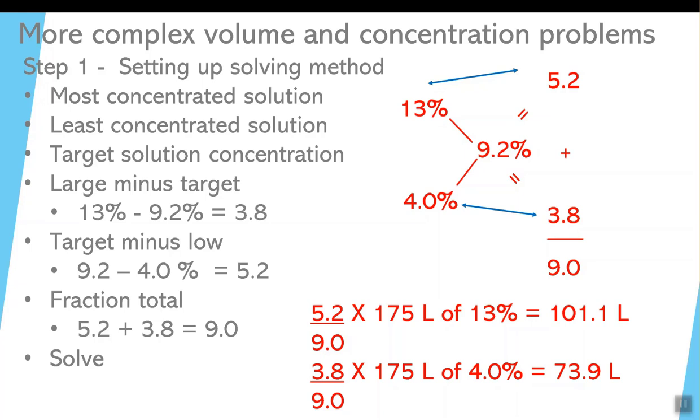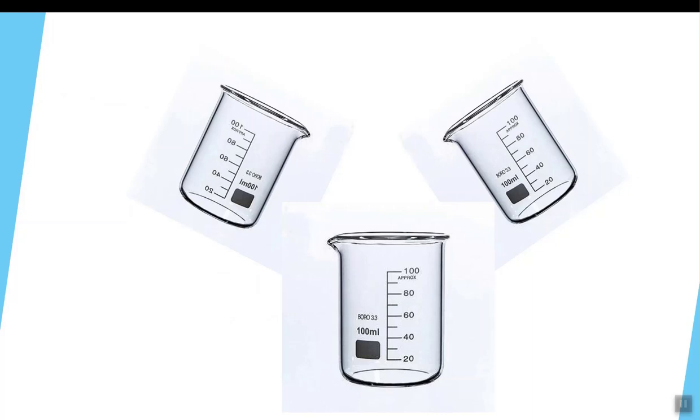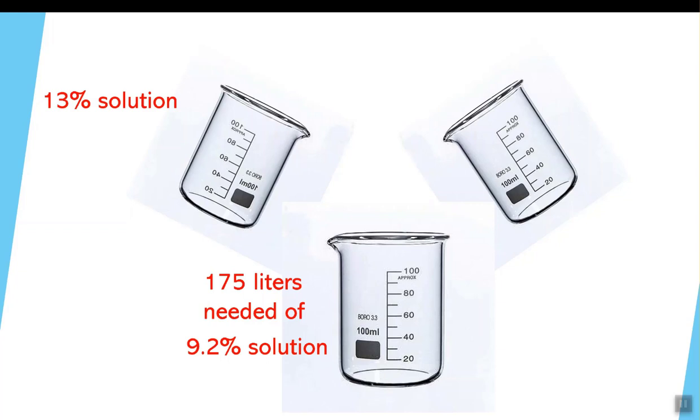I hope that this simple little solution method will help you if you're trying to solve these types of questions. Now let's do a quick little review. We needed 175 liters of the 9.2% solution, and we had two solutions to add into it. One was 13%, and we added 101 liters of that.